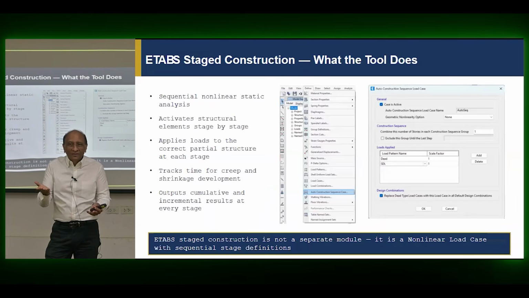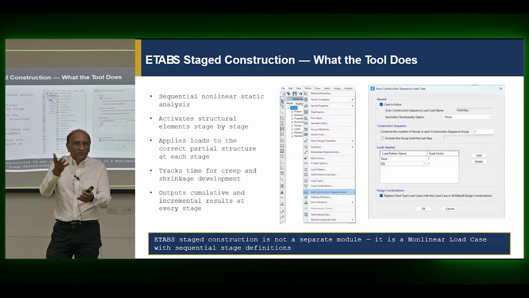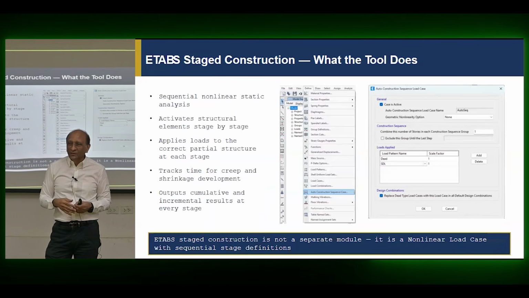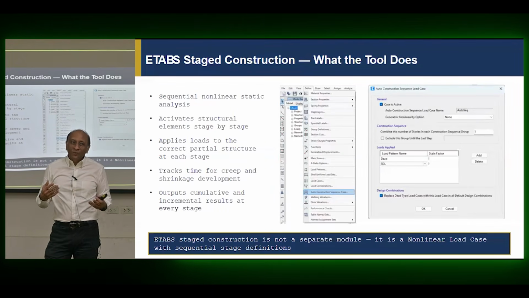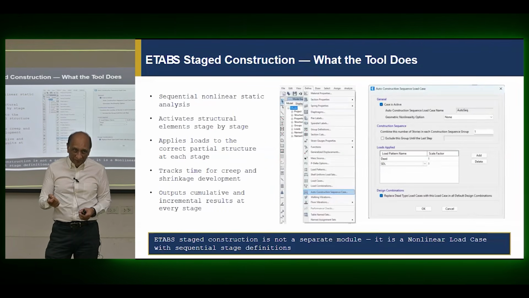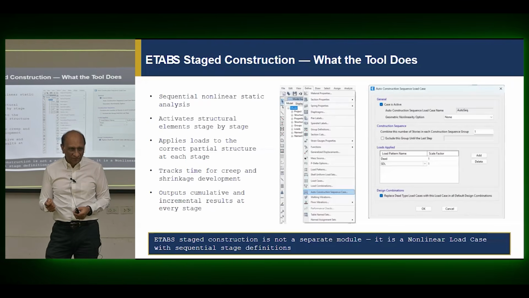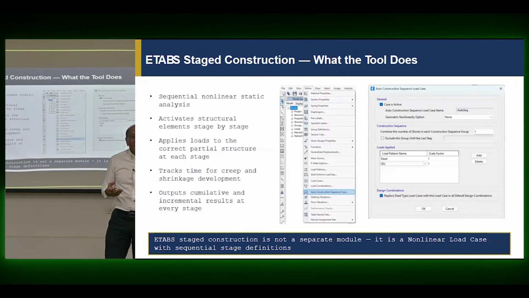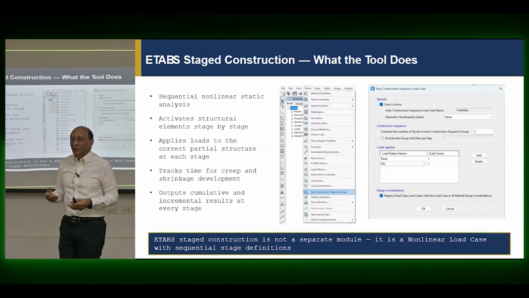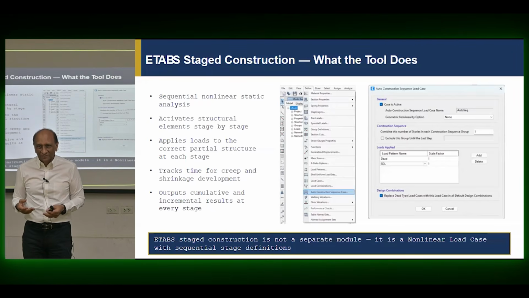ETABS will automatically create a construction sequence for each floor, run it, and you get the result. But you have no idea what ETABS did and what you are supposed to do. They have put that option there for a quick one. Don't do that in real structures. In real structures, you have to understand exactly how the building is constructed, because it's not the way ETABS thinks it is constructed, right?